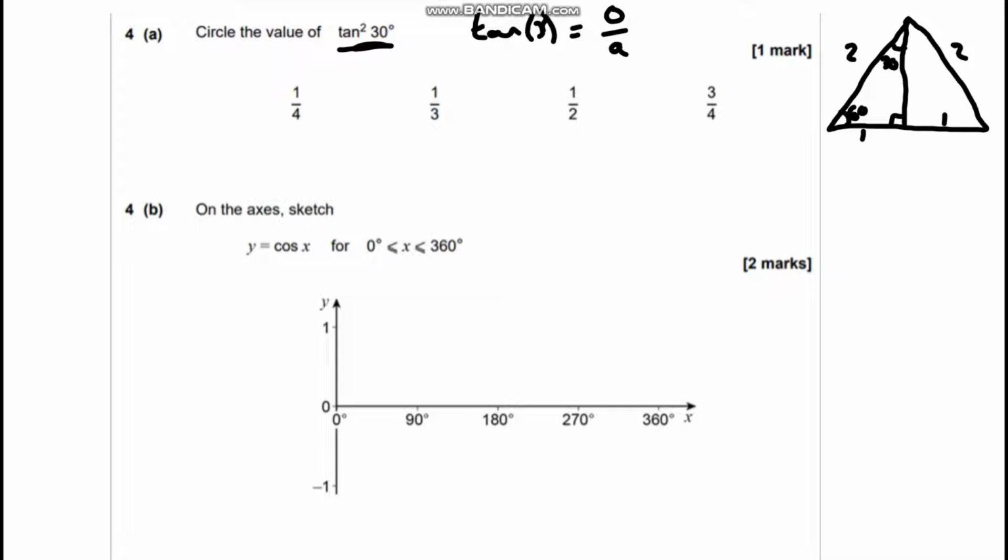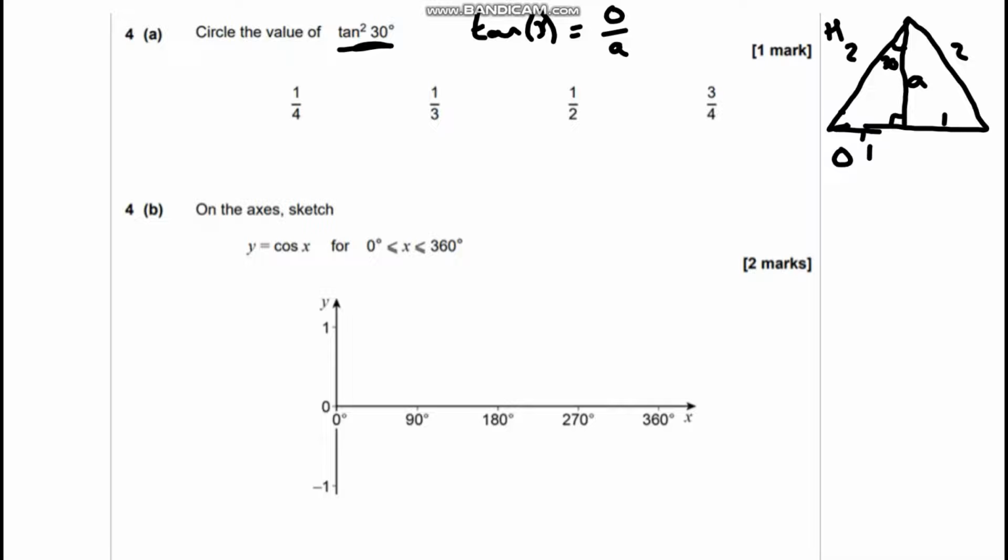In this case, if we're looking at tan 30, we can ignore the 60 there. This side is the hypotenuse, this side is the opposite, and this side is the adjacent. But we don't have the adjacent.